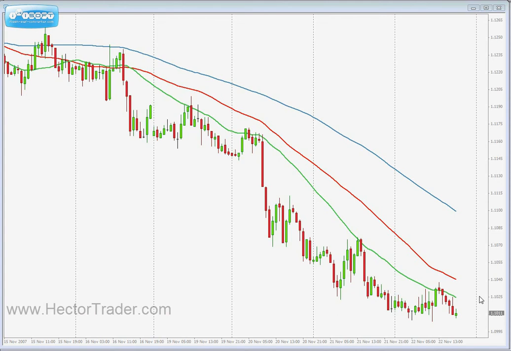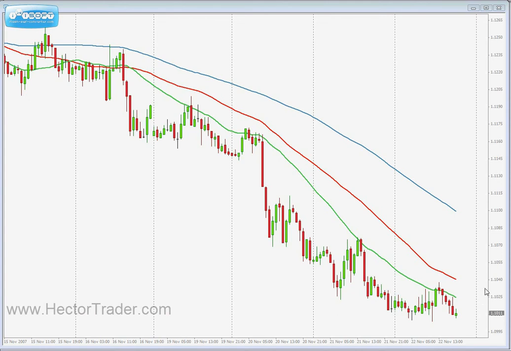That requirement is that there must be a trend in place. I was just mentioning how the dynamic area of support and resistance is the area between the 30 and the 50. Well, that's not totally accurate. It's the area between the 30 and the 50 in trending markets, and only in trending markets.